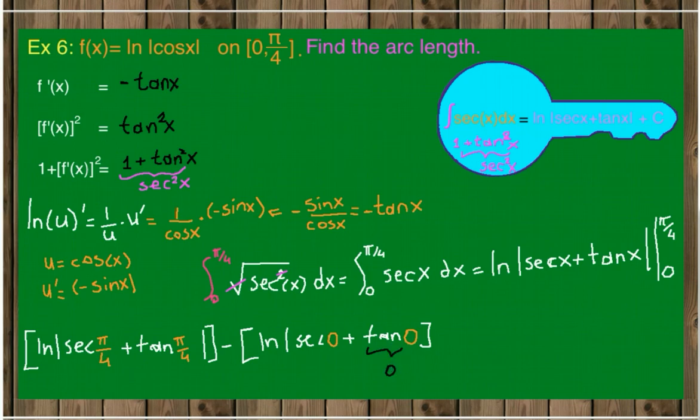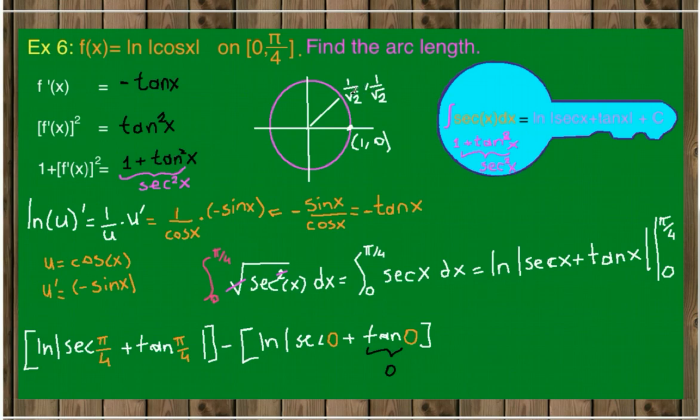Actually, let me draw a unit circle so it will be better to see that. In our unit circle, our interest is 0 and pi over 4. 0 is here, and the coordinates of this point are (1, 0). The x-coordinate is our cosine, the y-coordinate is our sine.